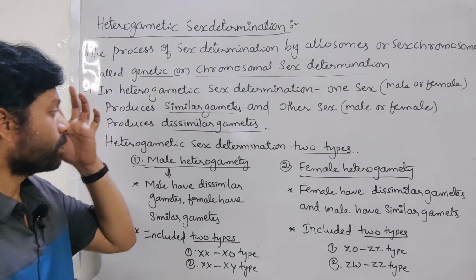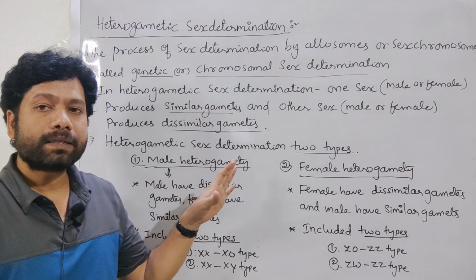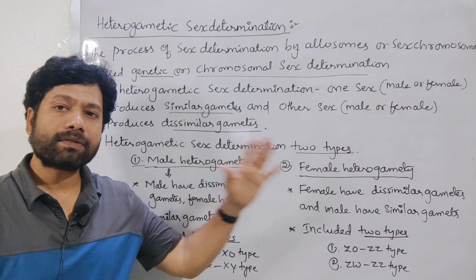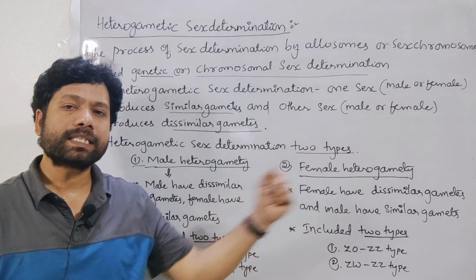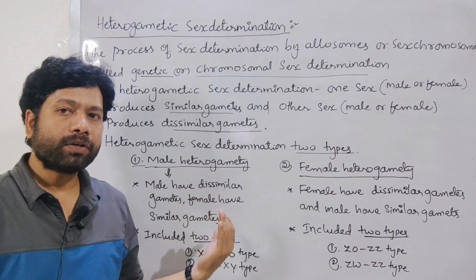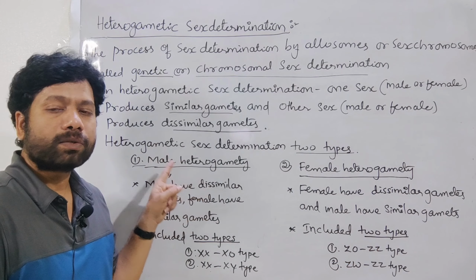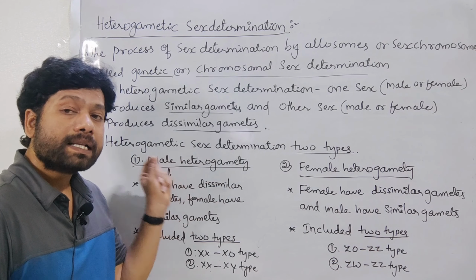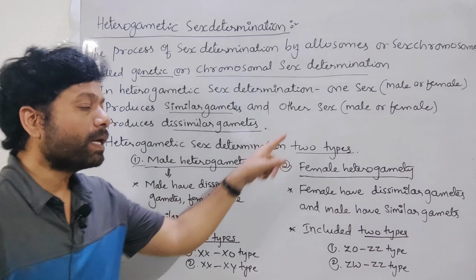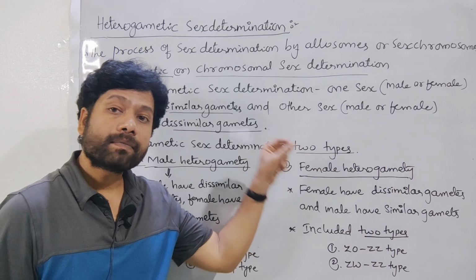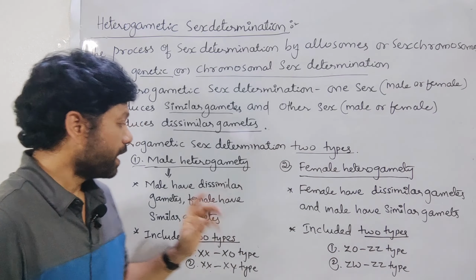Heterogamatic sex determination: one sex has the similar, the other sex has the dissimilar. The two types are male heterogamity and female heterogamity. Male hetero means the male sex has the hetero; female hetero means the female sex has the hetero. Understood?